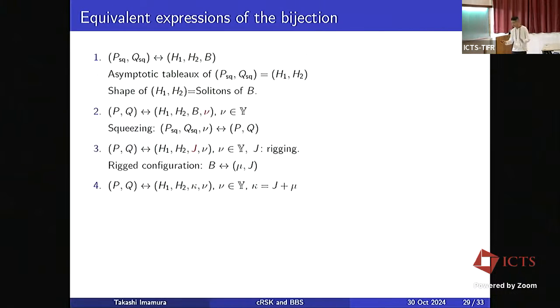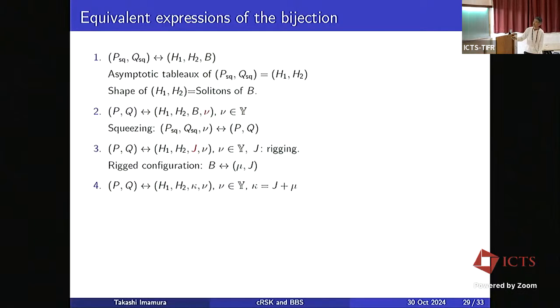Okay, so we get the result like this between the squeezed pair and the pair of HWT and the state of the BBS. But there are several equivalent expressions of the bijection.